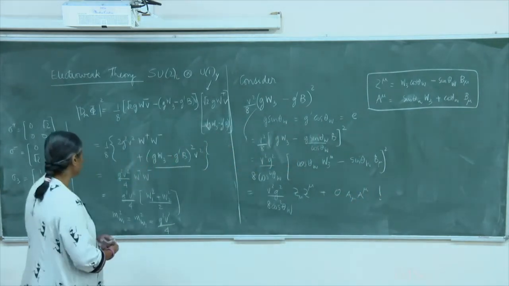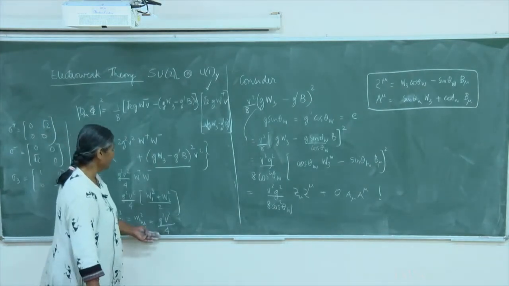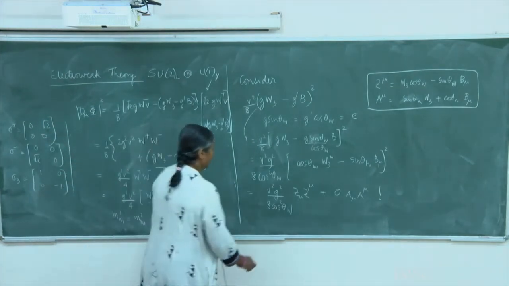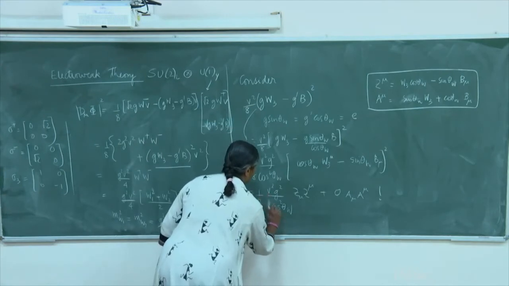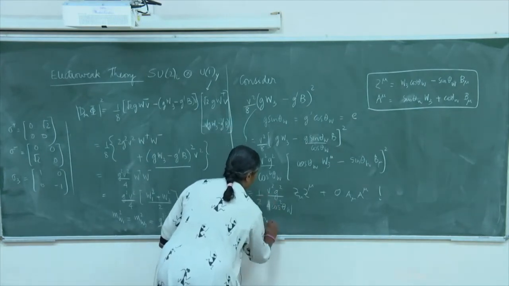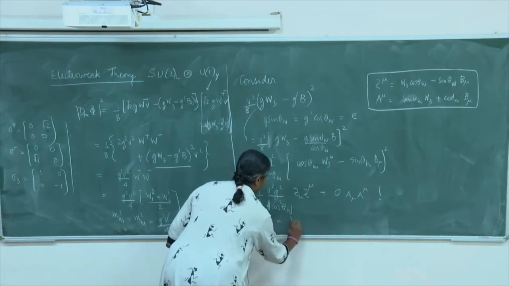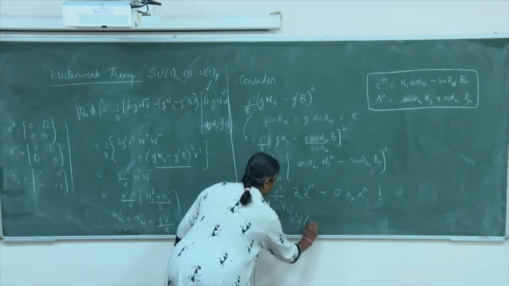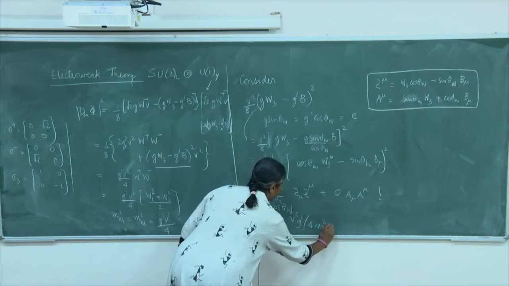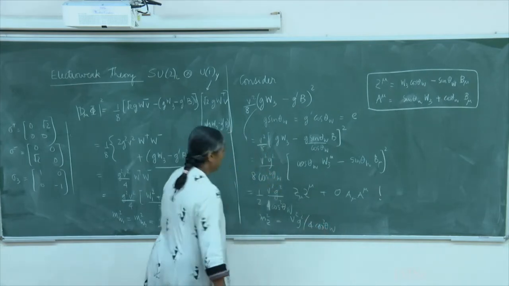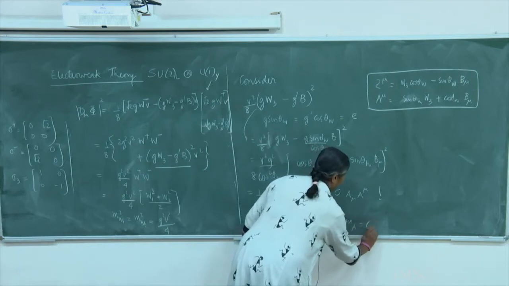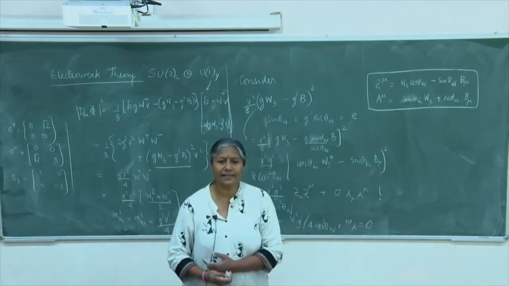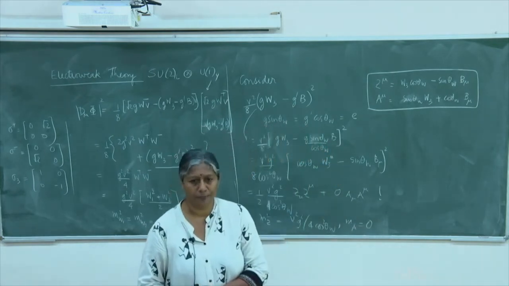What you have got is that the mass of the W is gv by 2, so this I can write as half. The mass of the Z is v squared g squared by 4 cos squared θ_W, and the mass of the photon is exactly as required, 0.